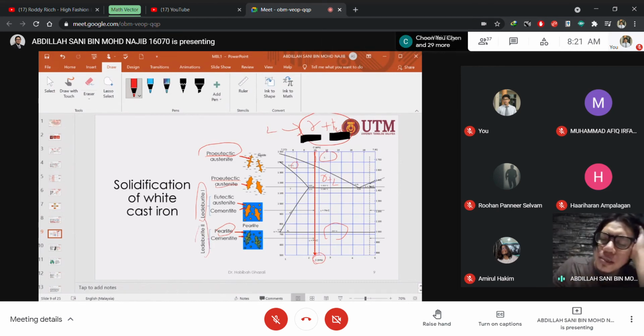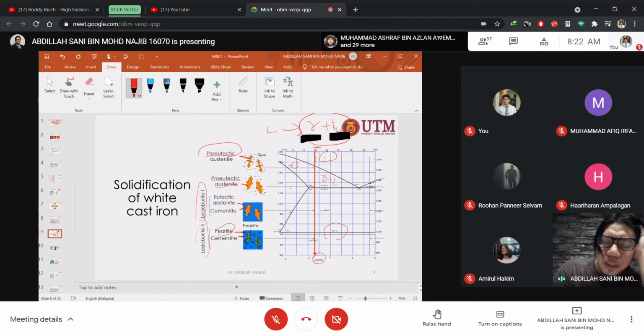What's important is that we understand the microstructure of the white cast iron, how it evolved, and that the final product is made up of a lot of cementite.